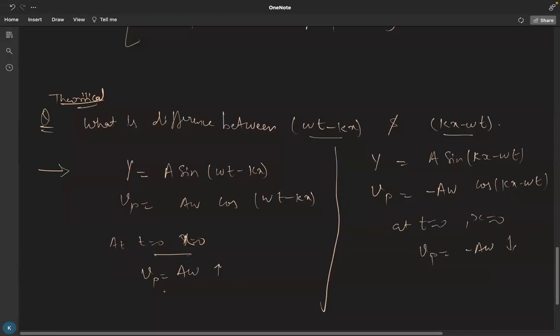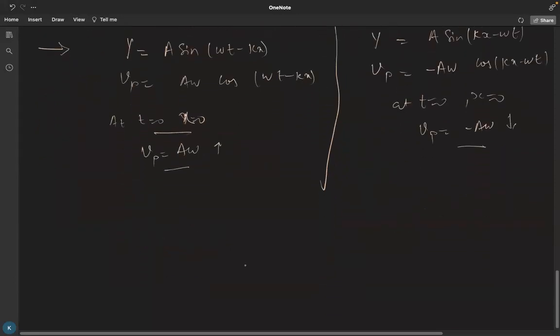Everything is the same, the magnitude is the same, but the only difference is in phase. The difference in phase is pi, because both are anti-parallel, so the phase difference will be 180 degrees.